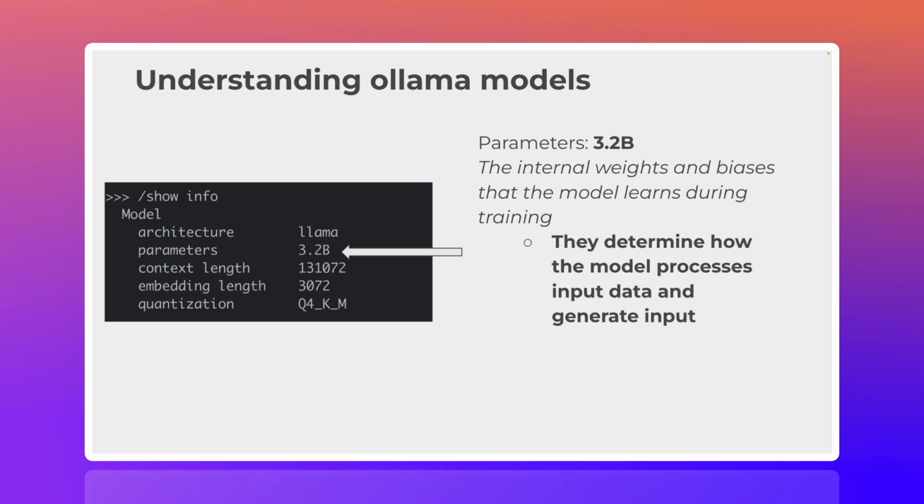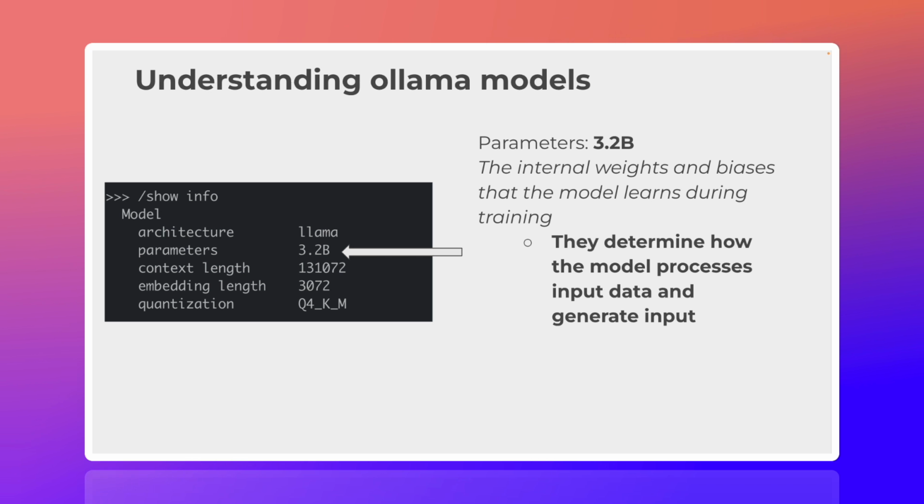So the more parameters the model has, the more connections and more interactivity inside, and that means the more accurate it is when it comes to getting the results.